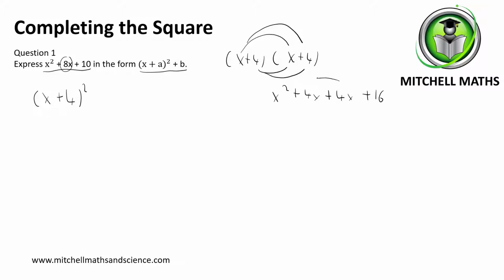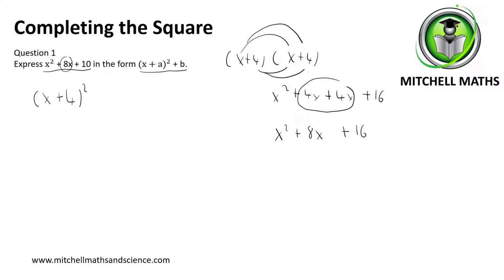And the reason we do that is because when you do x plus 4 squared, which is x plus 4 times x plus 4, if we multiply out the brackets we get x squared plus 4x plus another 4x and plus 16. And if we add these two terms in the middle together, we have x squared plus 8x.